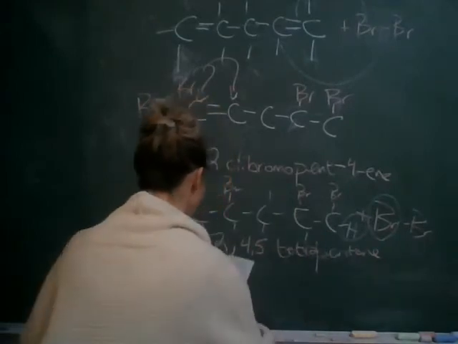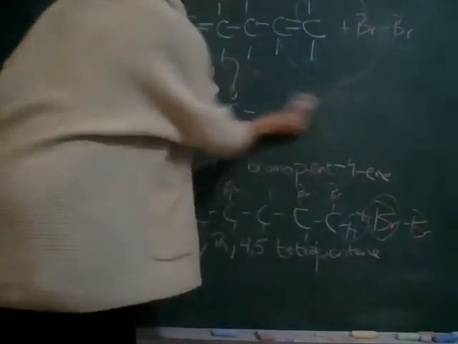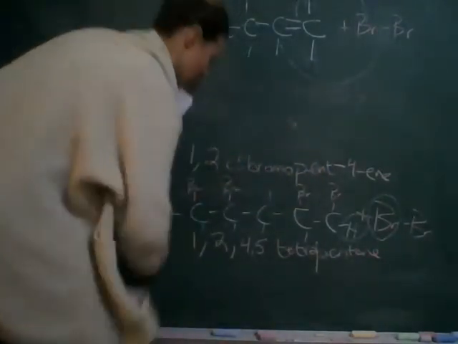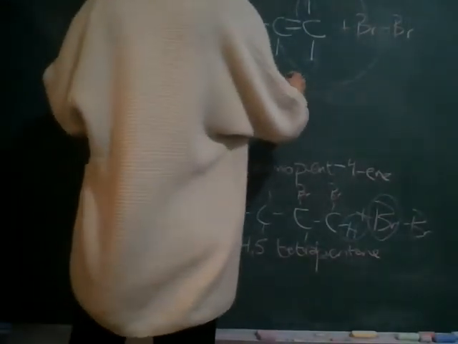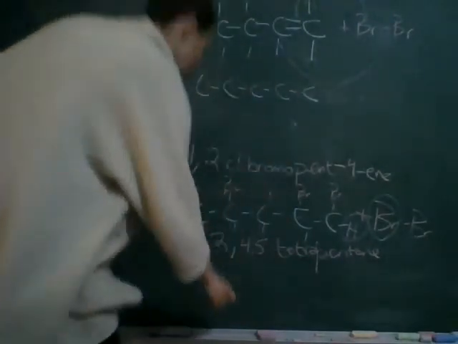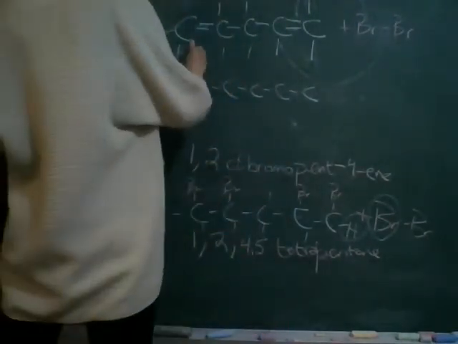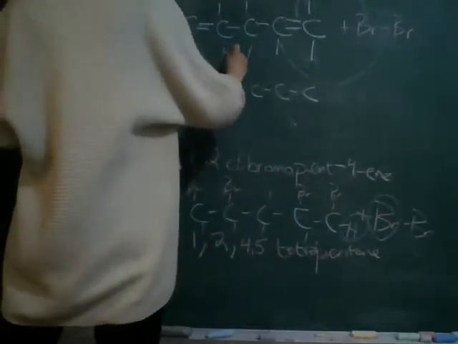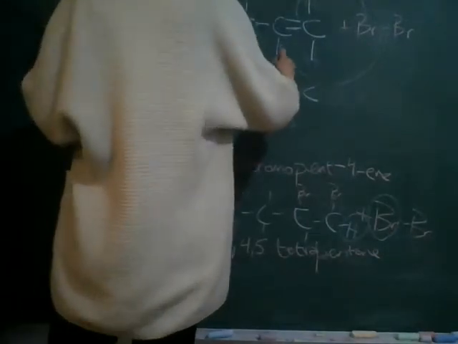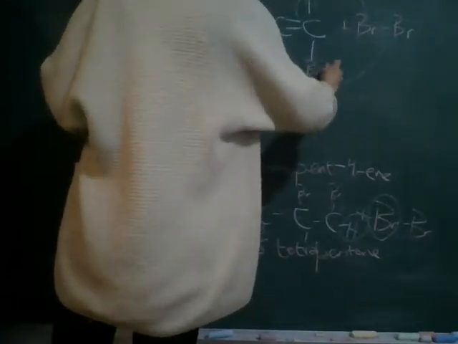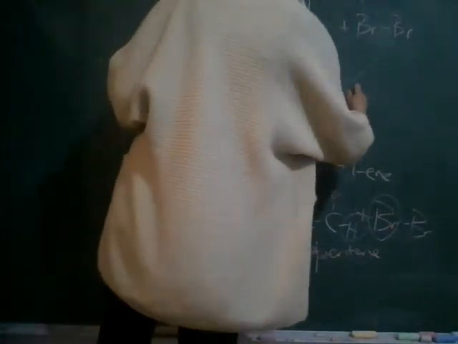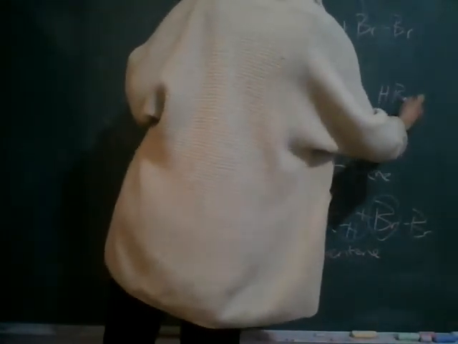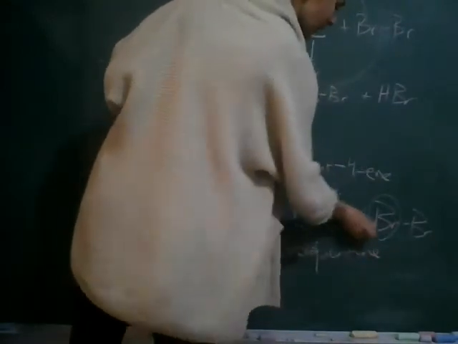So then what you end up with is this structure. So 1, 2, 3, 4, 5. You have a bromine here, a bromine here, a bromine here, and a bromine here, which you already had. But now we have one extra bromine here, and then you get hydrobromic acid as well, because that's what's left with this.